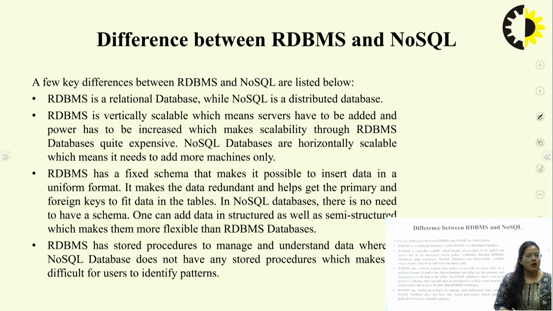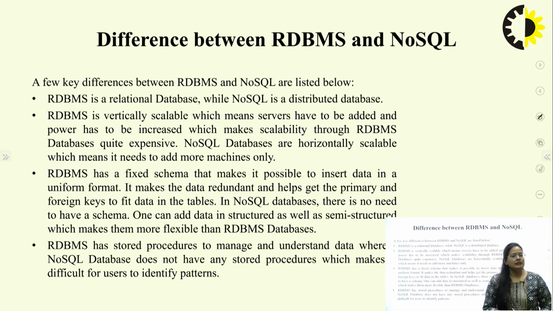NoSQL databases are horizontally scalable, which means we only need to add more machines. RDBMS has a fixed schema that makes it possible to insert data in a uniform format. It makes the data redundant and helps use the primary and foreign key to fit data in the table. In a NoSQL database, there is no need to have a schema.